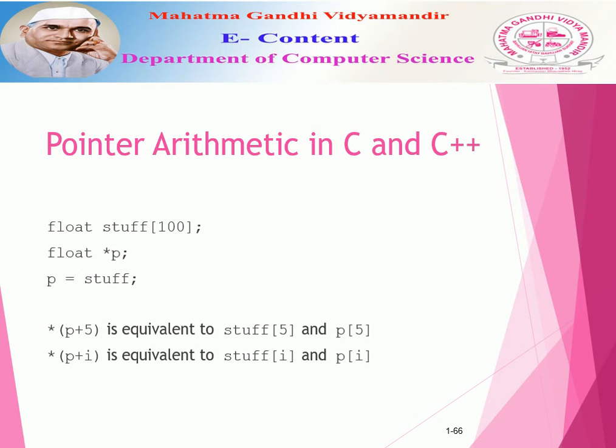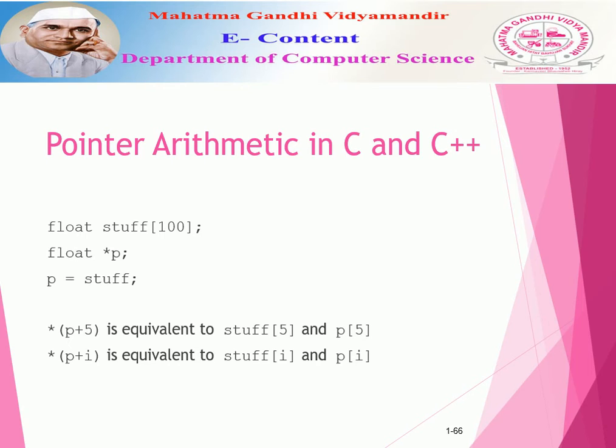Okay. So we can see over here the example: float stuff[100]; float *p = stuff. So here you have created one array, stuff, and one pointer. The type of the array and the pointer is the same, and we directly assign p = stuff, right?